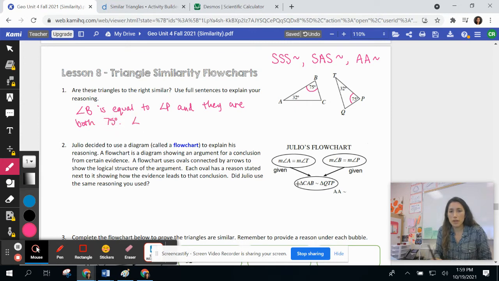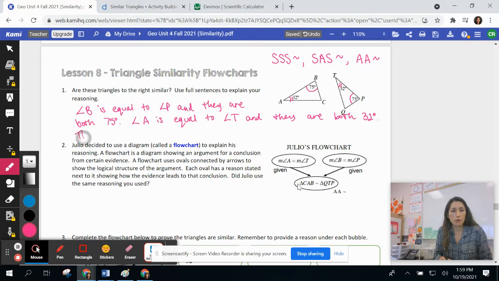We also know that angle, let's call this angle A and angle T, those are both 32. Angle A is equal to angle T, and they are both 32. So now we have two sets of angles that are equal.